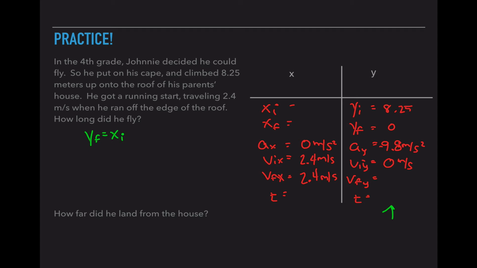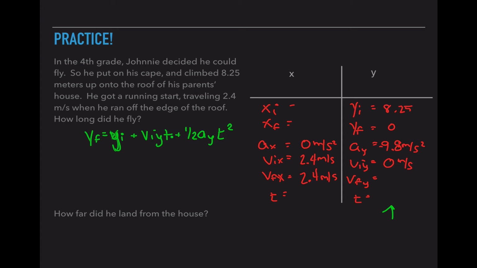YF equals YI plus VIYT plus 1/2 AYT squared. So notice, this should be a Y. So YF equals YI plus VIYT plus 1/2 AYT squared.